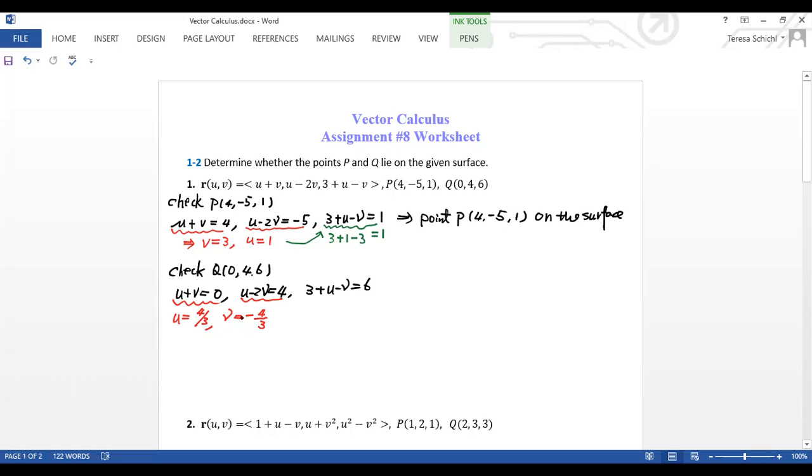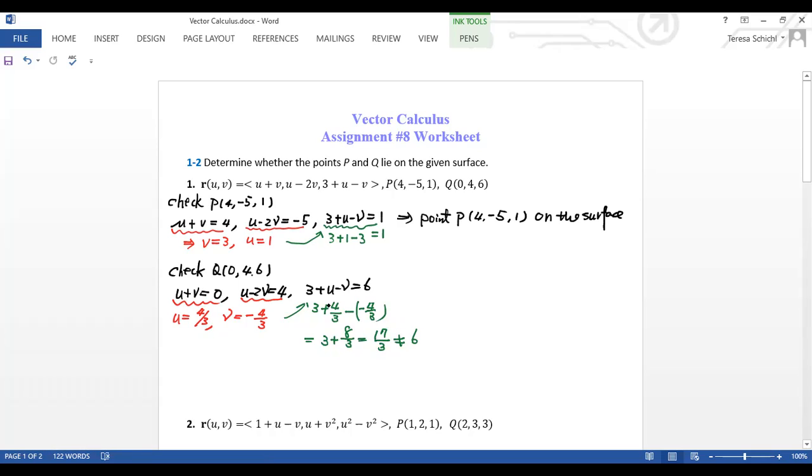I substitute these into the third equation. I will say 3 plus 4 over 3 minus negative 4 over 3. This will be equal to 3 plus 8 over 3, which is 17 over 3, which is not equal to 6.